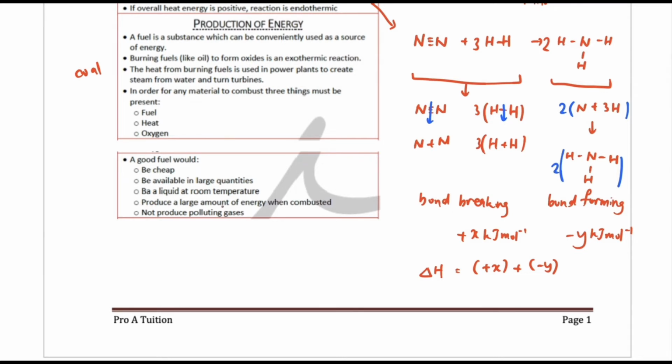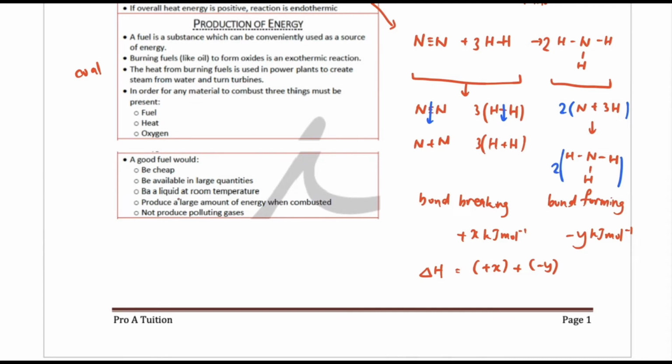Produce a large amount of energy when combusted. That happens to petrol and diesel. Not produce polluting gases. Petrol and diesel, yes, they produce polluting gases. Although they produce polluting gases, we are still using them because they're cheap.